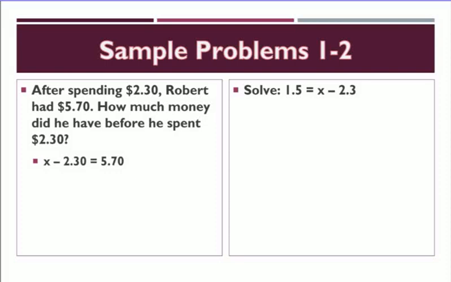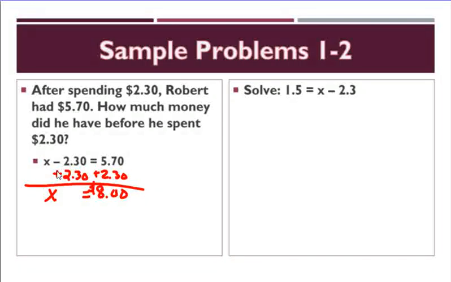So we want to get x by itself, so I do the opposite of subtracting $2.30, which would be adding $2.30. And we're going to do that on both sides. And I'm left with x on the left-hand side. 570 plus 230 would give us $8.